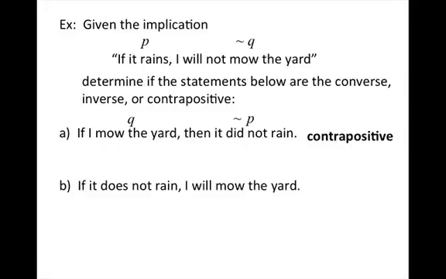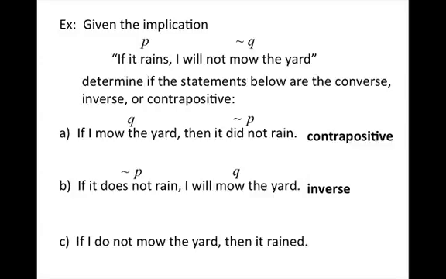In part B, if it does not rain, I will mow the yard. Well, P is it will rain, so not raining would be not P. I will mow the yard was my Q. So this time I have not P implies Q. I've kept the order the same but negated each side. That's my inverse.